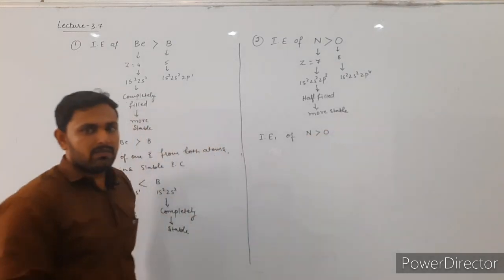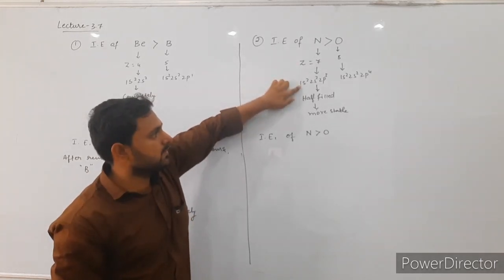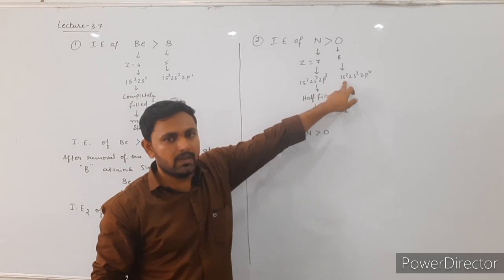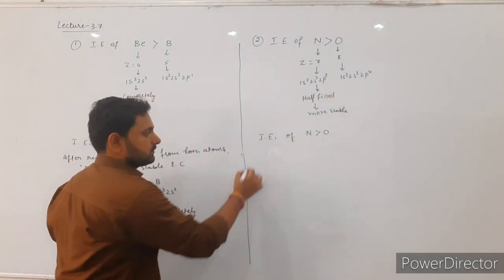But after removal of an electron, the electronic configuration of nitrogen becomes 1s2, 2s2, 2p2. Oxygen electronic configuration becomes 1s2, 2s2, 2p3.